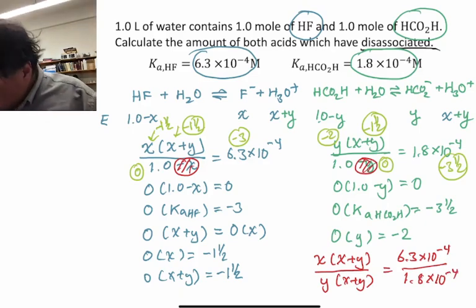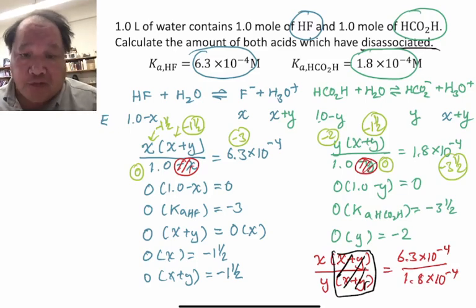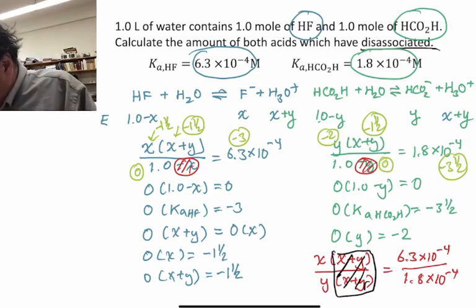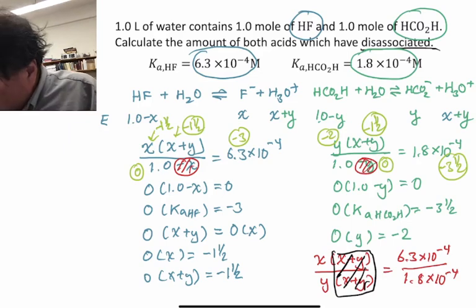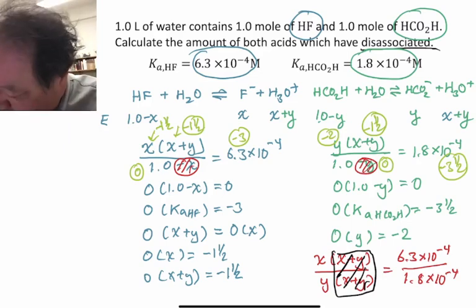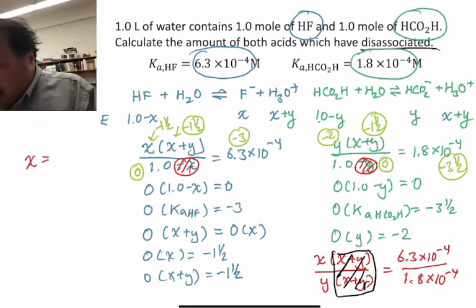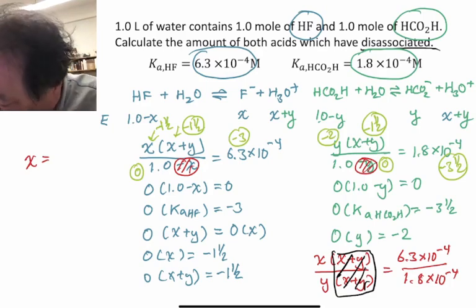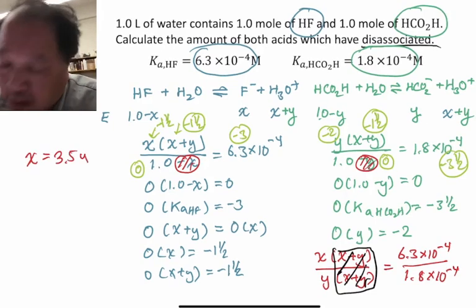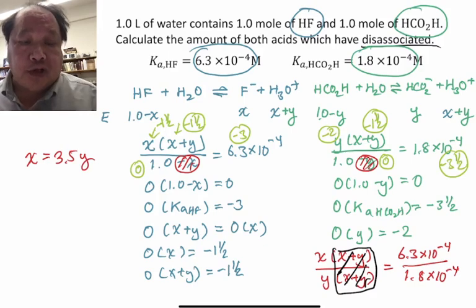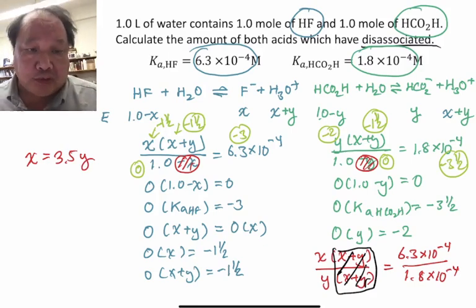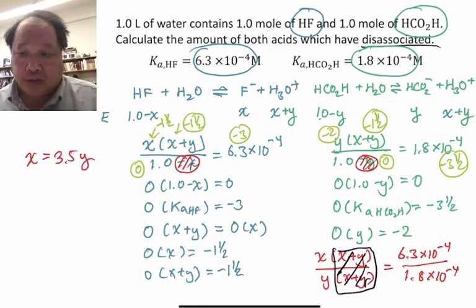And we see that these two terms here cancel. And we now get that the ratio of x to y, when you work that out, is x equals 3.5y. So please pause the video and calculate what the values of x and y are, and we'll compare answers.